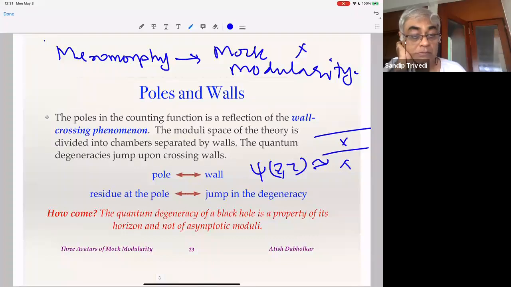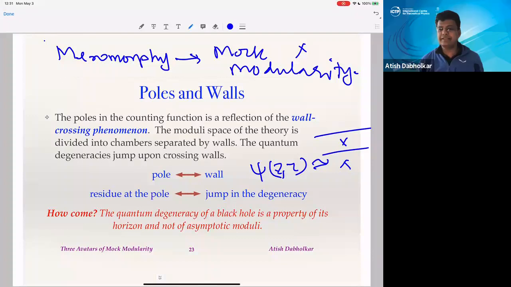Now, this didn't make sense, because if you really are computing the degeneracies of black holes, black hole degeneracy should be not independent of where you are. You should have a unique answer. But this was understood in the following way: even though the elliptic genus is kind of modular, in fact, depending on where you are in the moduli space of this target space, which is K3 cross T2 in this case, the answers can be different.